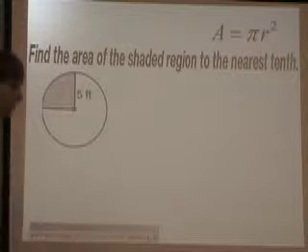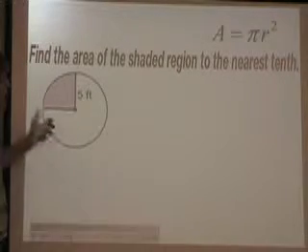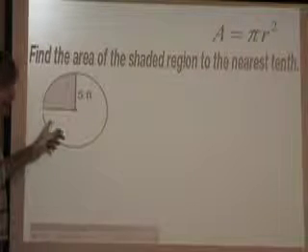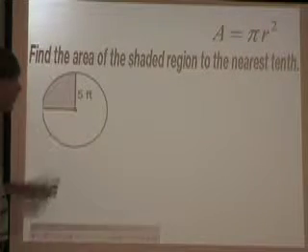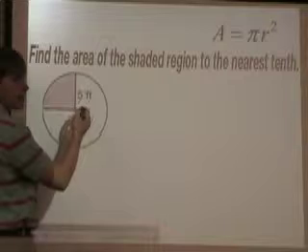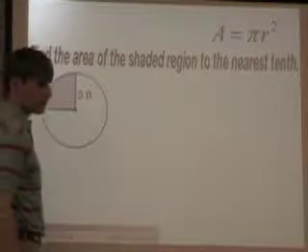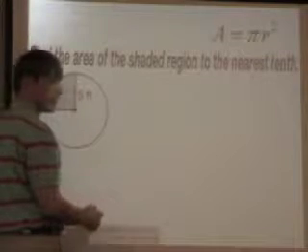Let's try this. On this one, we're going to find the area of the whole thing and divide by 4. So how do I find the area of this? No, you find the area of the whole thing first.